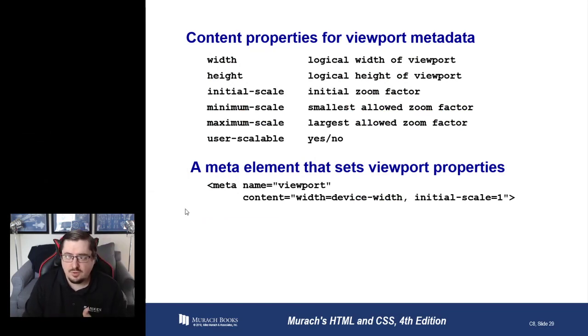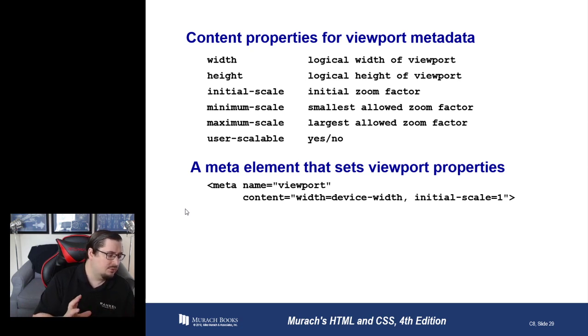We can set the logical height of the viewport. We can say what is the initial scale or zoom factor. Here we're just going to start that at 100%. Those are where it should start, what it should look like immediately when you go to our website on a mobile device.